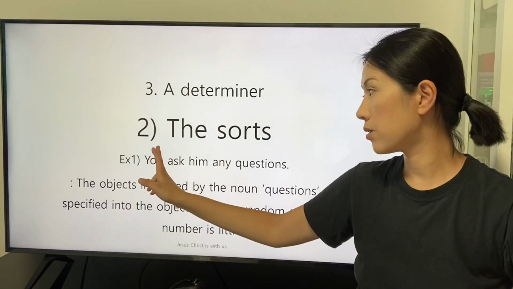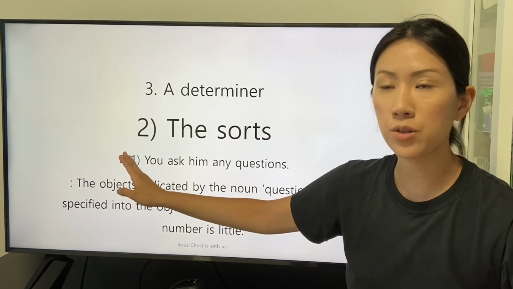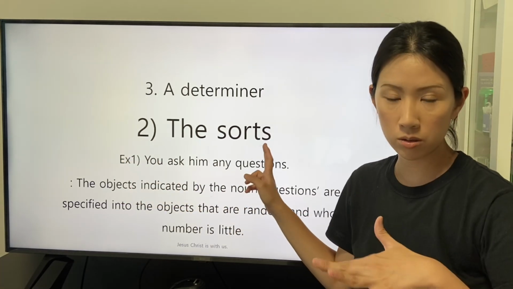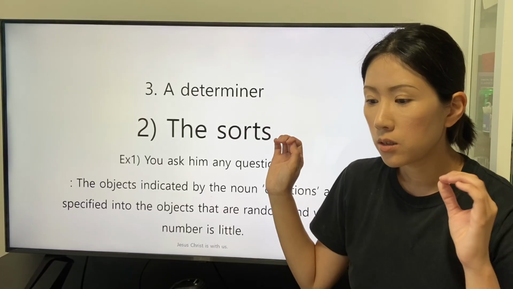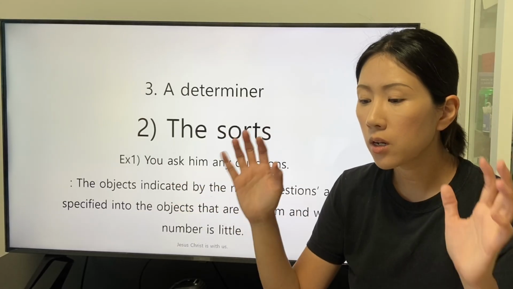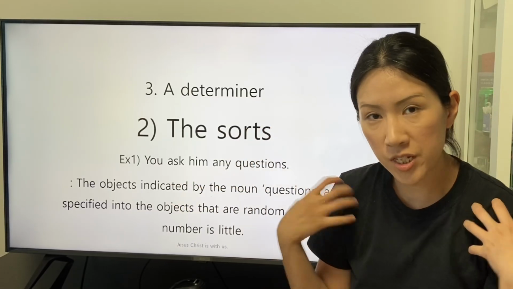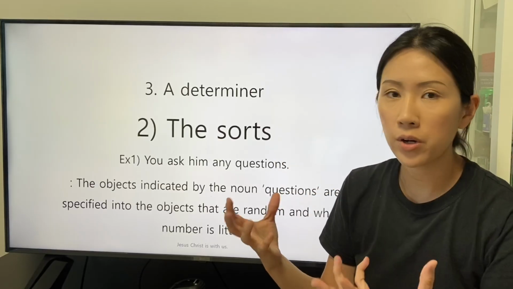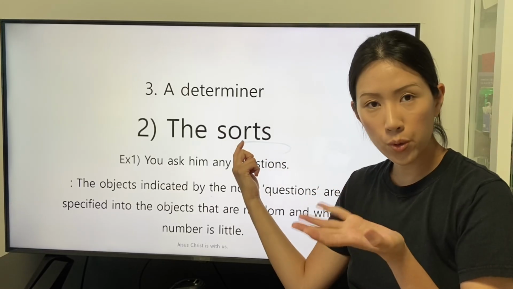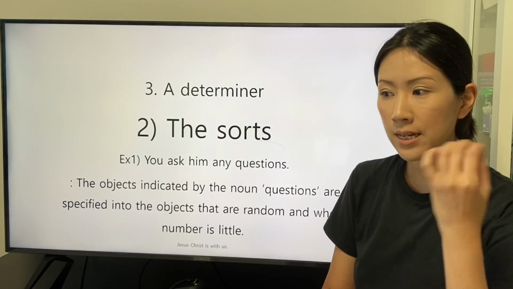Let's suppose that the speaker states the clause in this way. You ask him some questions. The speaker considers the number of the questions is little.